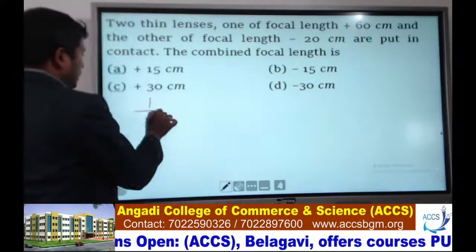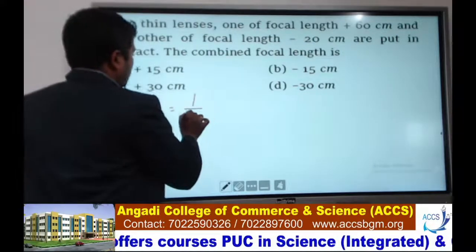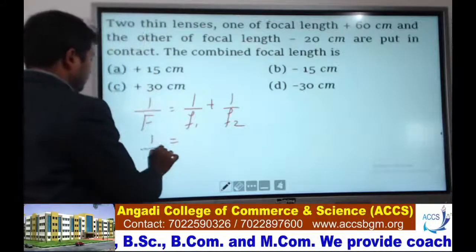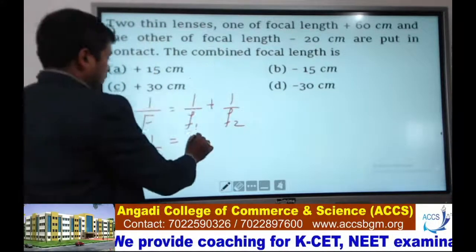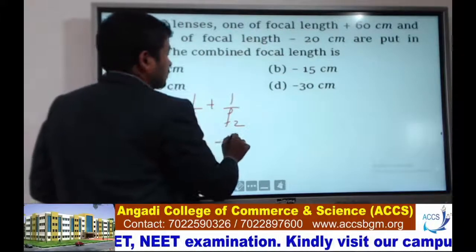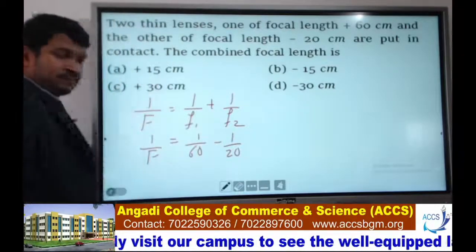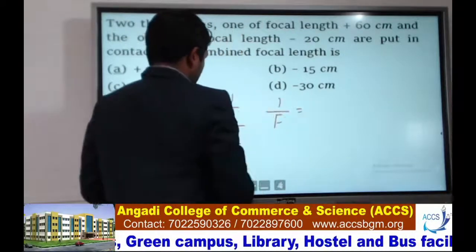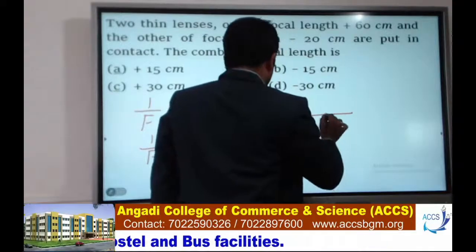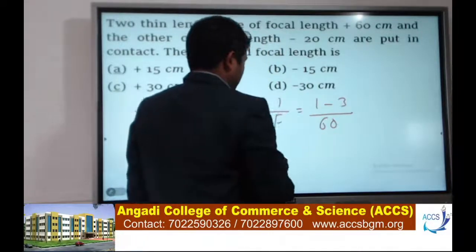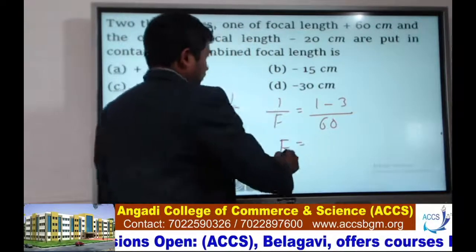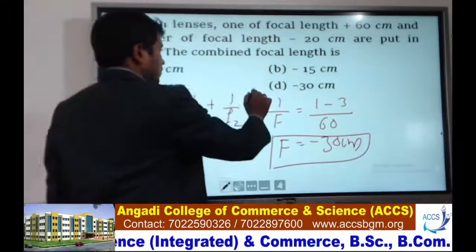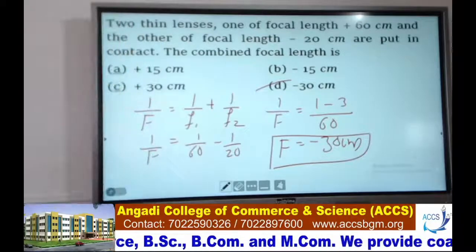Here 1 by f equals 1 by f1 plus 1 by f2, so 1 by 60 minus 1 by 20, which gives 1 minus 3 over 60. Now f equals minus 30.